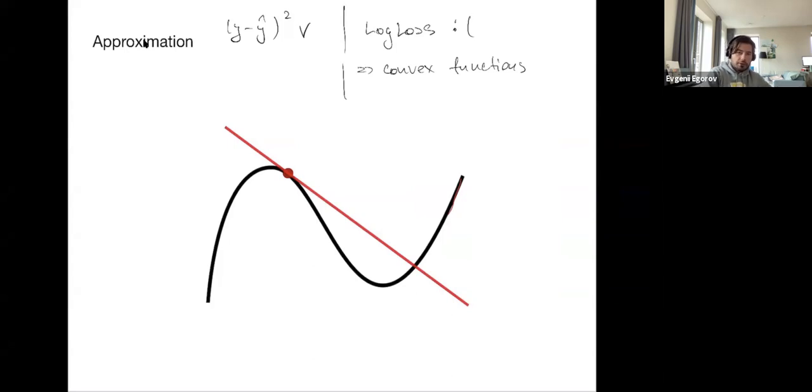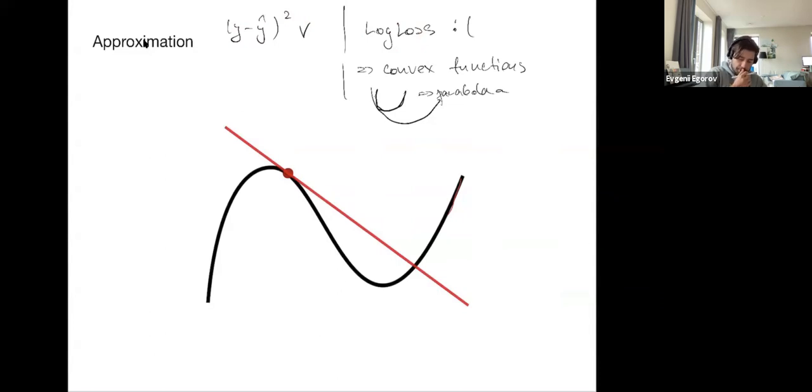What does it mean for a function to be convex? It means that the function, locally at least, can be well approximated with a parabola. This means that any loss function at a point can be very well approximated with something that behaves similarly to MSE loss.